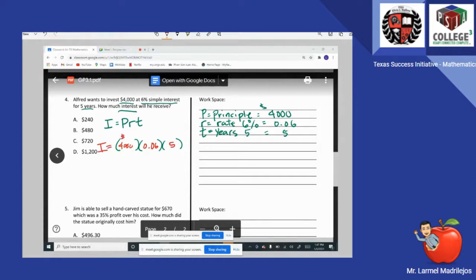Basically, you're just going to multiply 4,000 times 0.06 times 5. So you're going to end up with an interest of $1,200 in 5 years. What does it mean? The answer is that, but what does it mean? Your 4,000 plus 1,200 in 5 years, you'd have 5,200.